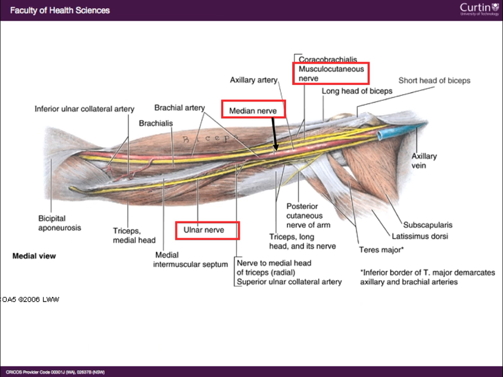So if we look at how these are actually organized, what you can see is that from anterior to posterior, we have the musculocutaneous nerve. Then if we move medially, you'll find the median nerve. And if you move further medially and posteriorly, what you'll find is the ulnar nerve.